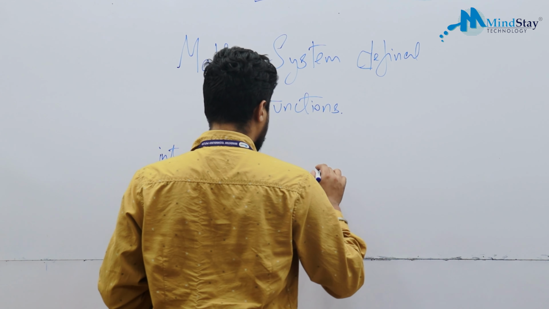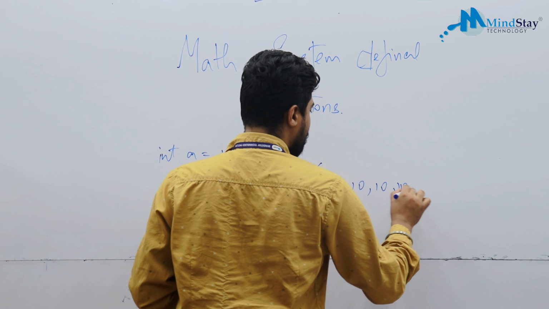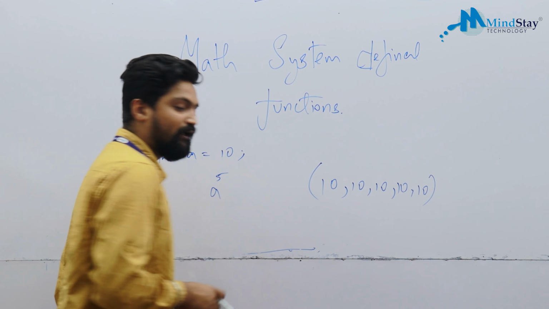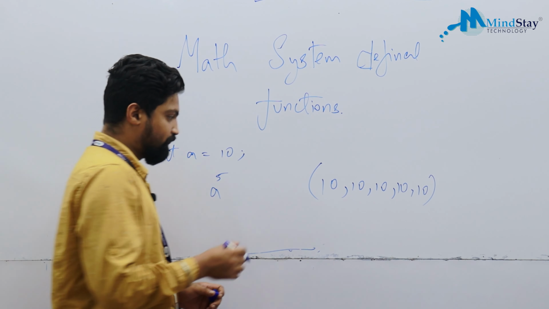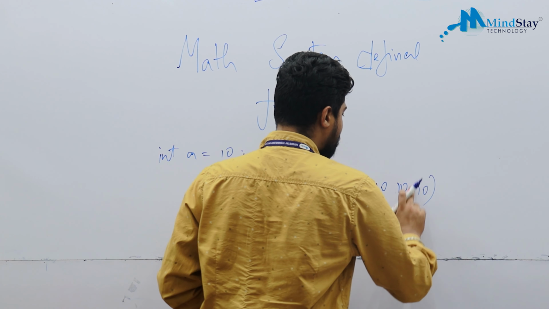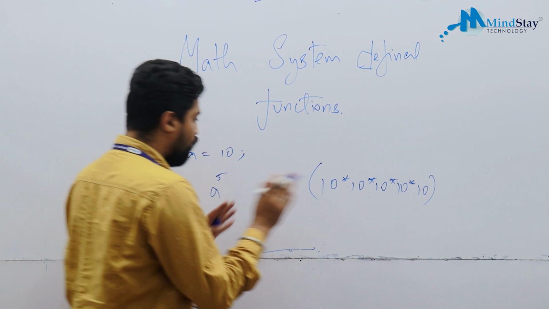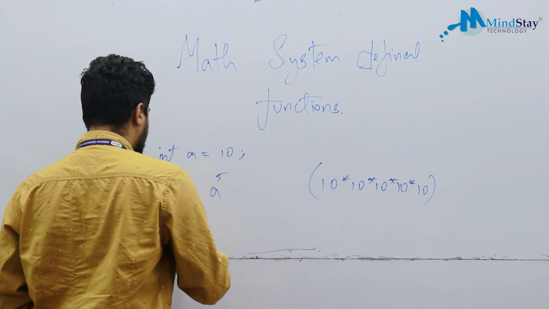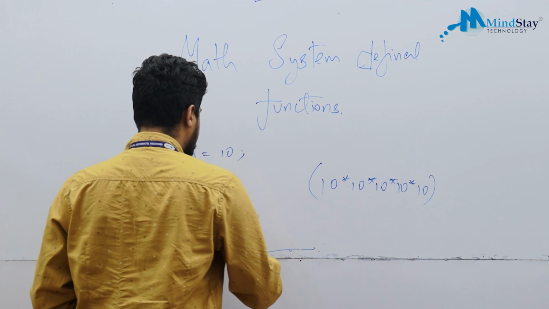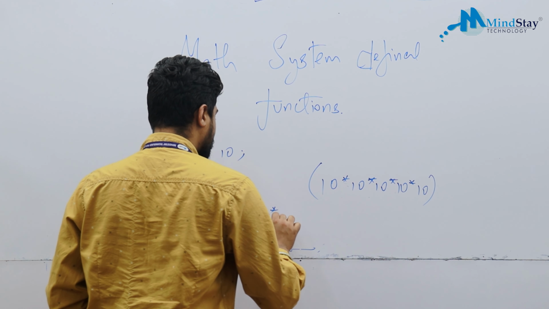Until now, most people would multiply a 5 times, right? Sorry, this is not a comma, this is multiplication. You'll multiply that value 5 times while printing, or you will store that value in a different variable, let's say int b, and multiply a 5 times, correct?